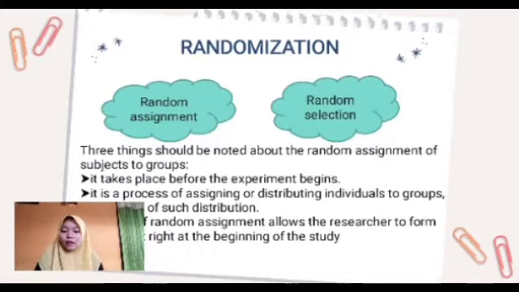And random selection is when every member of a population has an equal chance of being selected to be a member of the sample.